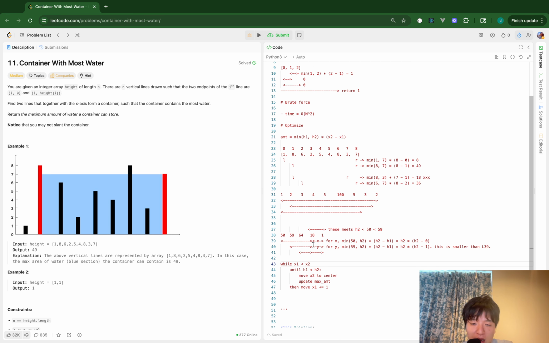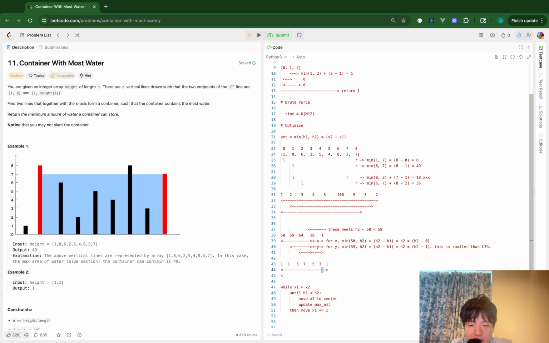And one more thing I have to take care of is the case when height 1 is equal to height 2. I have to handle that edge case. So for example, I start from this range, and because now 1 is not larger than 1, it doesn't work moving this.